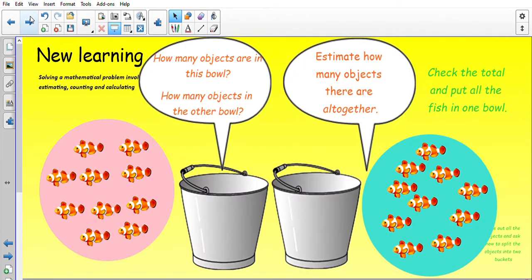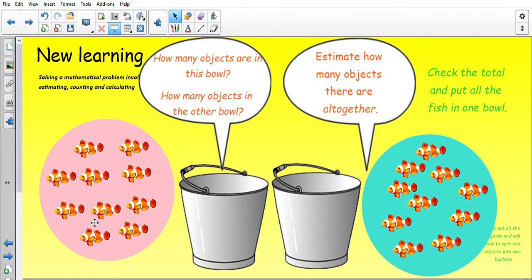Right, in our learning today, I've got a pink fish bowl here with lots of fish in it. And I've got a blue fish bowl here with lots of fish in it. So how many do you think are in each bowl? So let's count. 1, 2, 3, 4, 5, 6, 7, 8, 9, 10.